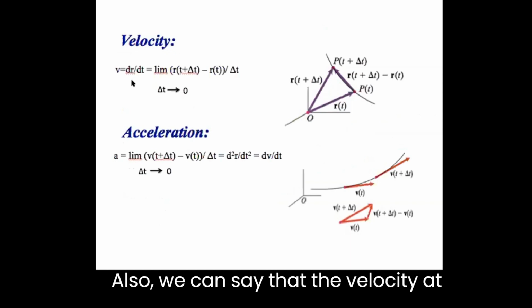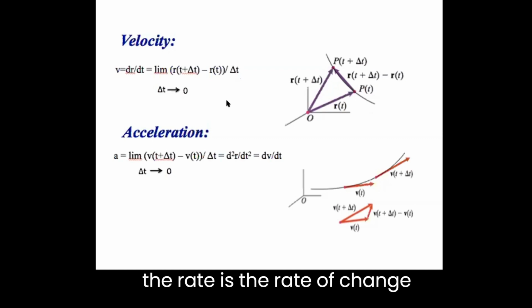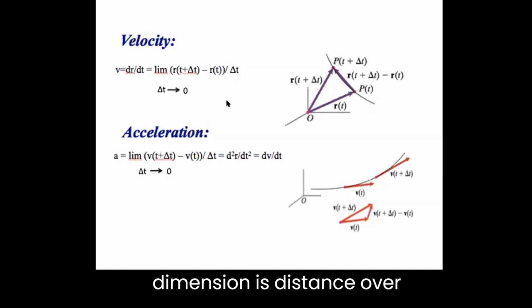Also, we can say that the velocity at time t is defined by the limit of the vector r(t plus delta t) minus r(t), which is the change in position or displacement of P during the interval of time delta t, divided by delta t. Therefore, the velocity is the rate of change of position of P, and its dimension is distance over time.